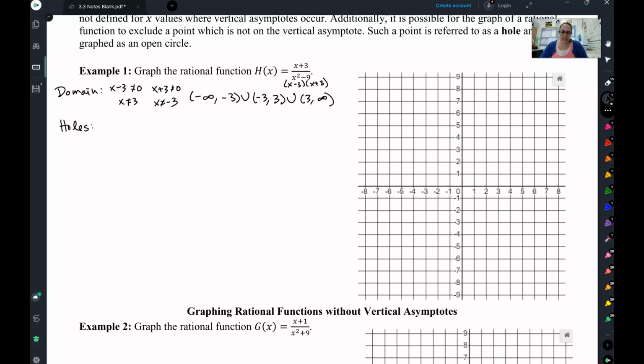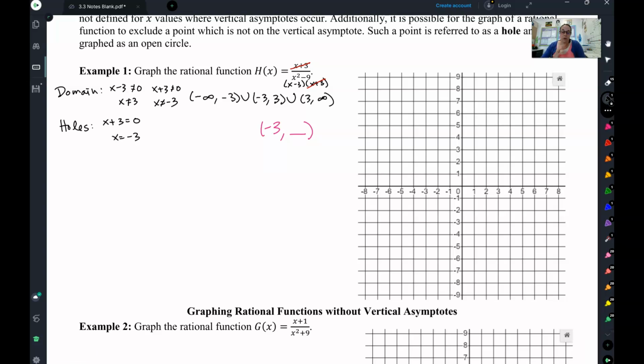Does anything cancel on top and bottom? Looks like I have an x plus 3 on top and an x plus 3 on bottom that cancels. So to find the hole, I'm going to take the thing that I canceled on top and bottom, set it equal to 0, and that becomes the x value of my hole.